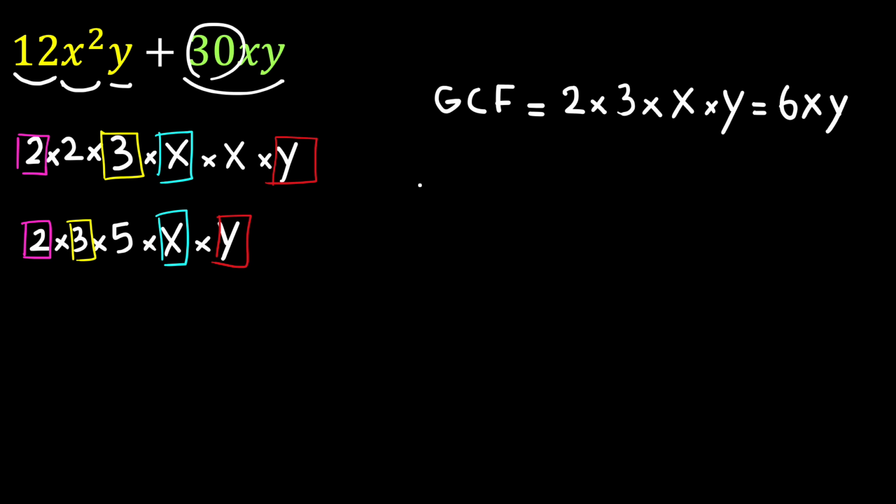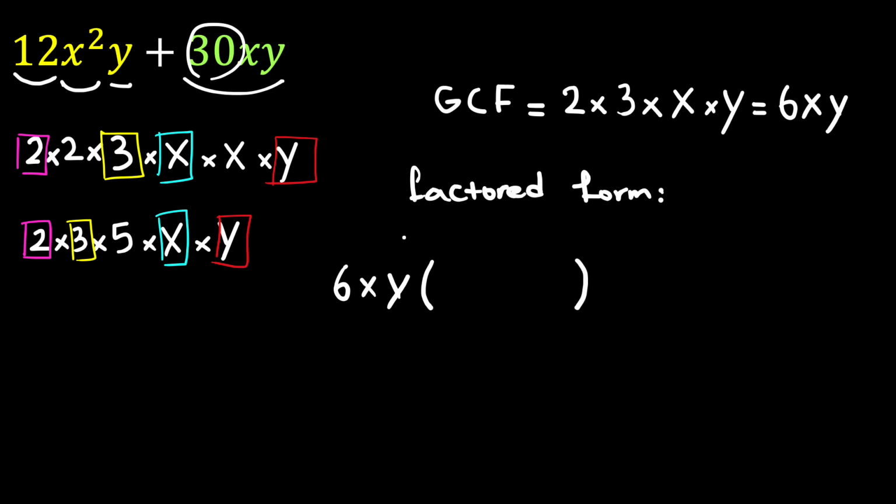Now I want to write the factored form of this expression. I start by writing the greatest common factor, which is 6xy, and then open parentheses, close parentheses, and here I write what is left from these two terms. From the first term, 2 and x remain, so I write 2x.